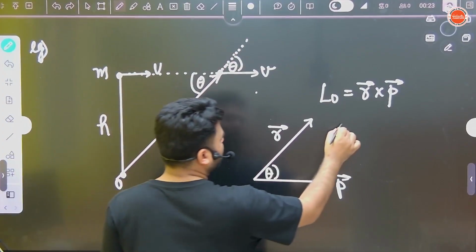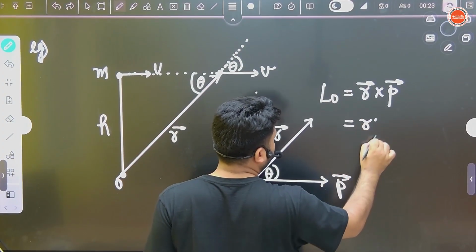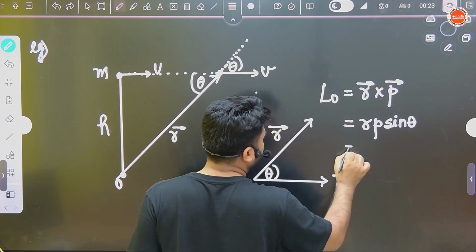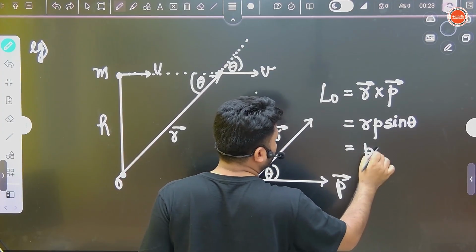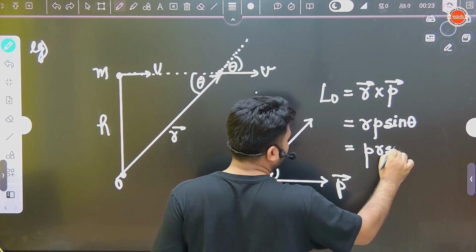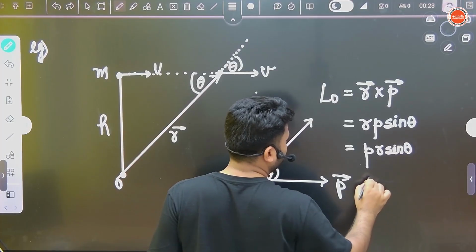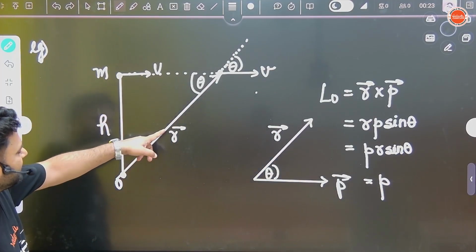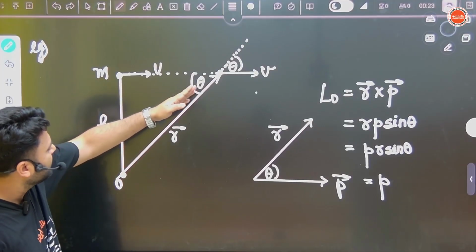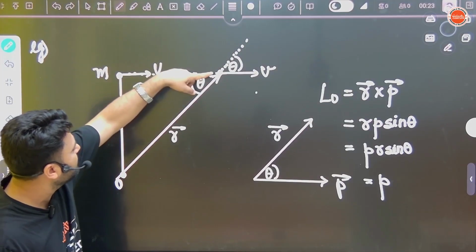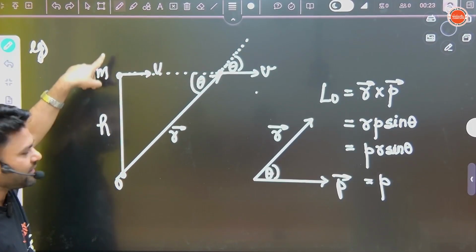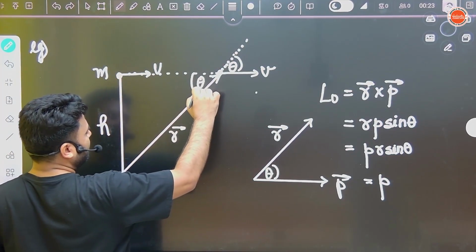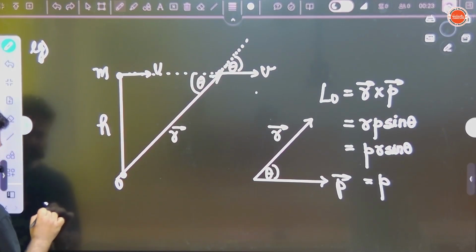So r cross p, can I write rp sin theta? So can I write p into r sin theta? See, this is r, this is theta, this is r cos theta, and this distance is r sin theta. If I ask what is sin theta?